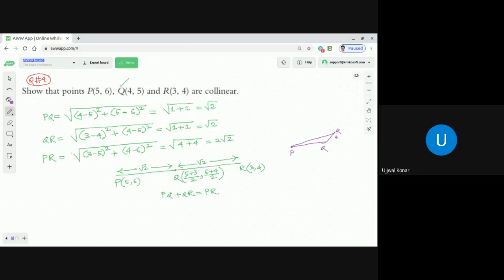Yes, sir. In a triangle, if you add two sides, it can never be equal to the third side. Correct or not? That is the property of a triangle. Isn't it, dear students? Yes, sir. The inequality property also says that it can't be.